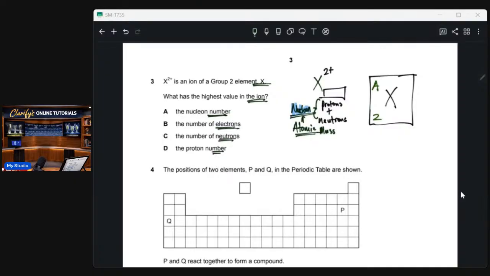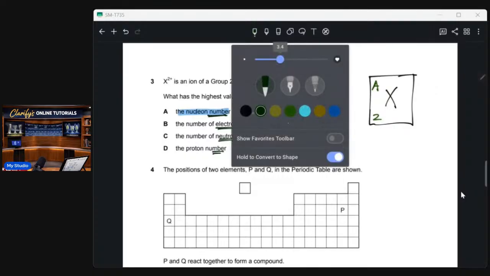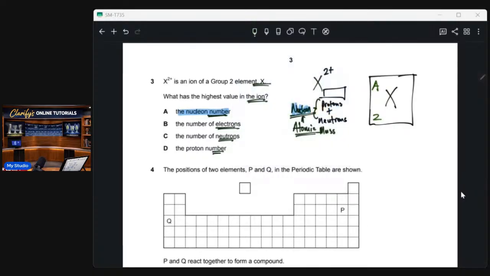Now, did the nucleon number change? Students, did the nucleon number change because it is now an ion? No. What is changing is the number of electrons.